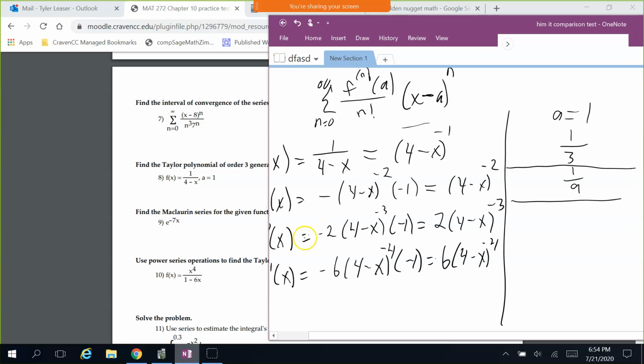If I plug that into the second derivative here, I have a 2 floating around, and then it's going to be 3 to the negative 3, which is going to be 1 over 27. And then I have a 6 floating around. 3 to the negative 4 is 81. So these, 1/3, 1/9, 2/27, 6 over 81, that probably simplifies down, doesn't it? A 3 will go into both of those, so 2 over 27.